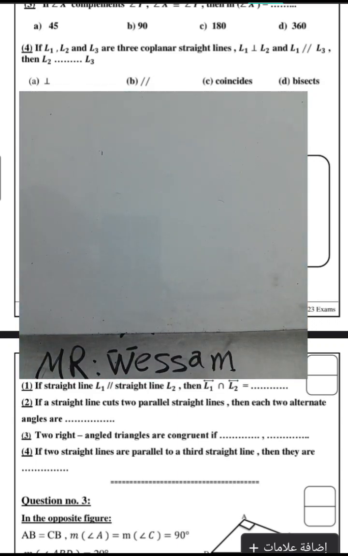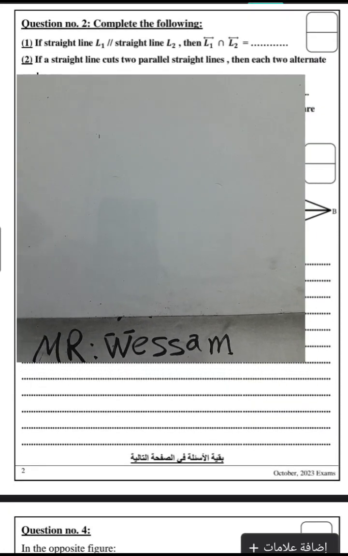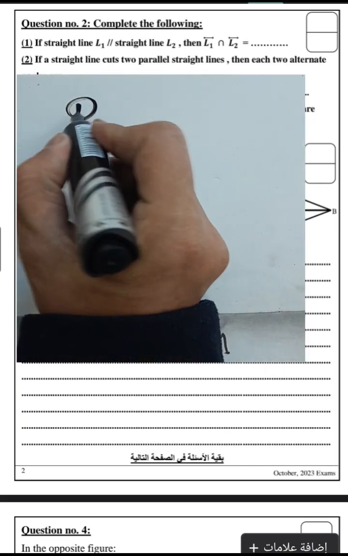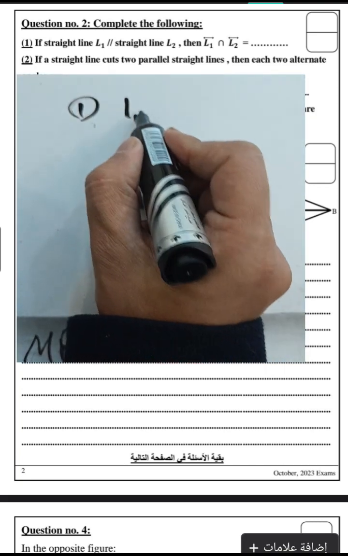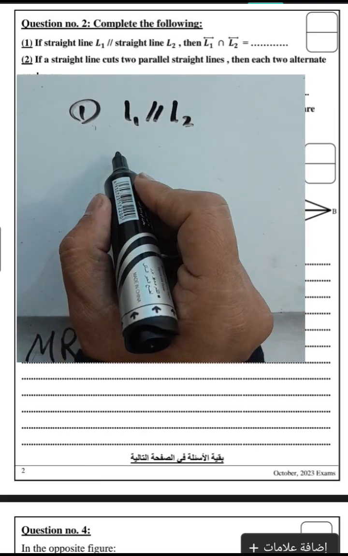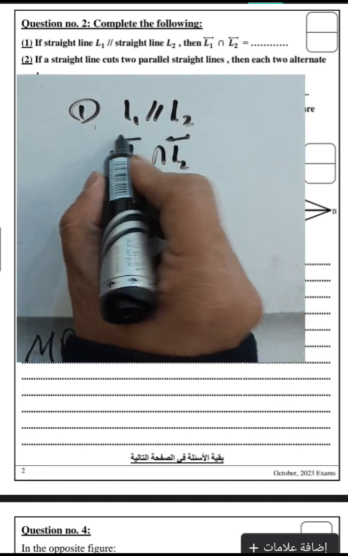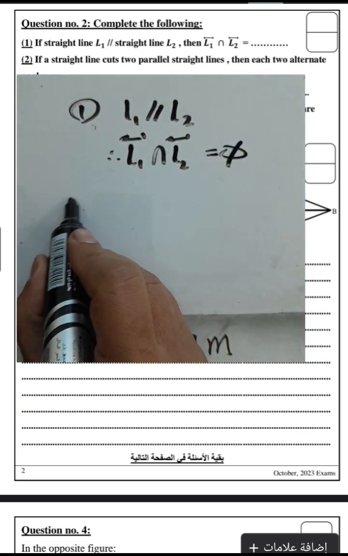Question number 2. Complete the following. Number 1. Straight line L1 is parallel to straight line L2, then L1 perpendicular to L2 will be the null set. Question number 2.